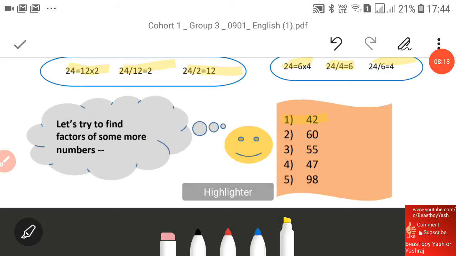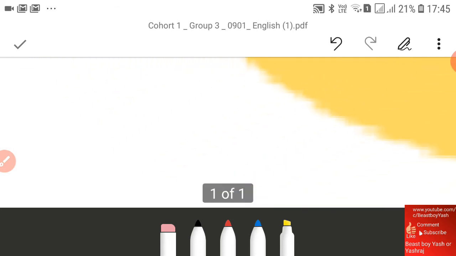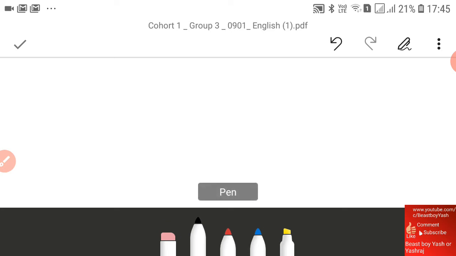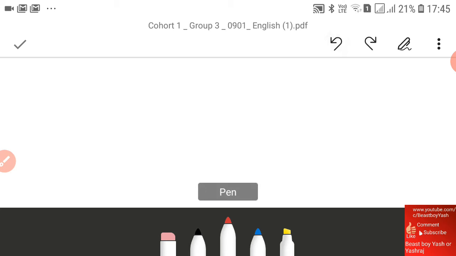So let's move to the other question. The second is, we have to calculate the factors of 60. So there I will write 60 and 1.